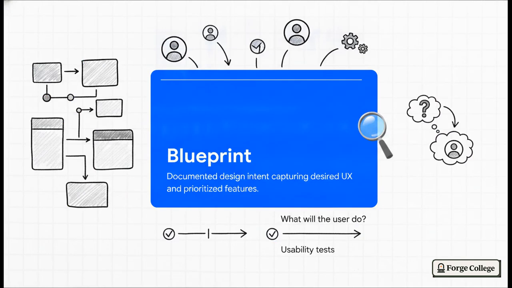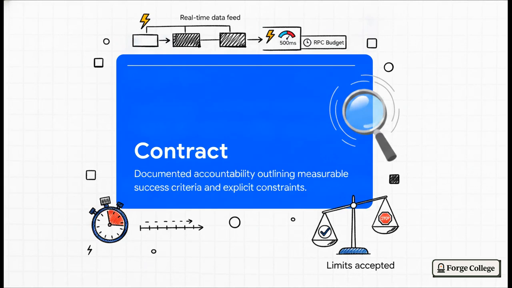Let's look a little closer at the blueprint. What is it? Well, it's where you map out exactly what the user will see and interact with. This is where you bring in all those verified UI components and iteration logs you perfected in earlier usability tests. Simply put, it answers the fundamental question: what will the user do? Meanwhile, the contract is what tells us if that creative blueprint actually worked in the real world.